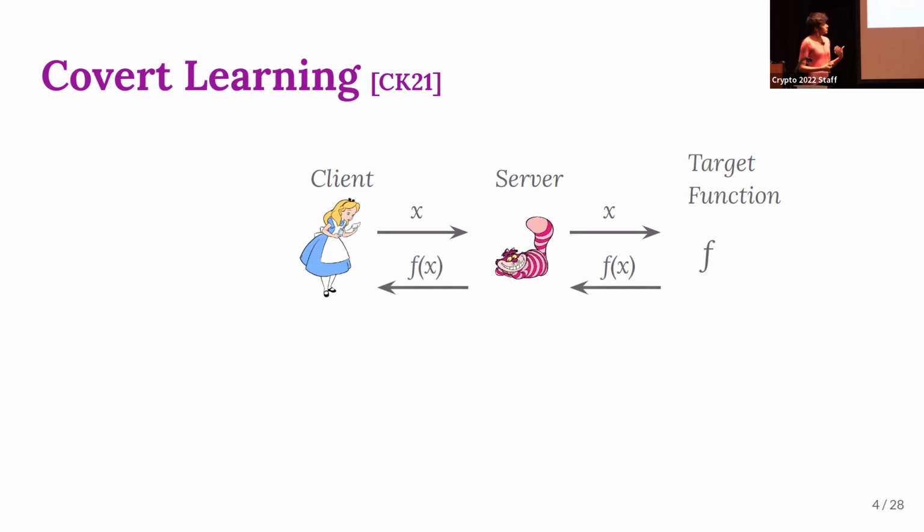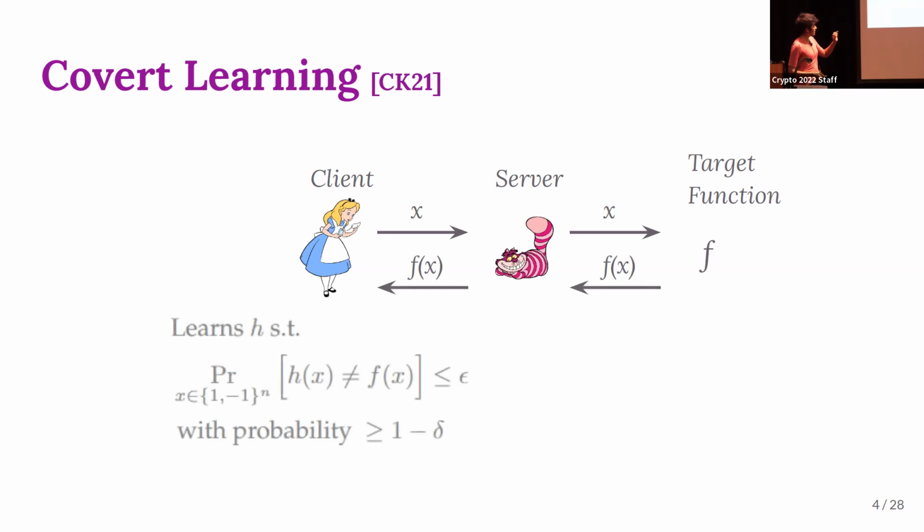First, of course, the client should be able to learn something. Our definition of learning is that the client should learn an approximation with good probability. This is the completeness of our definition.